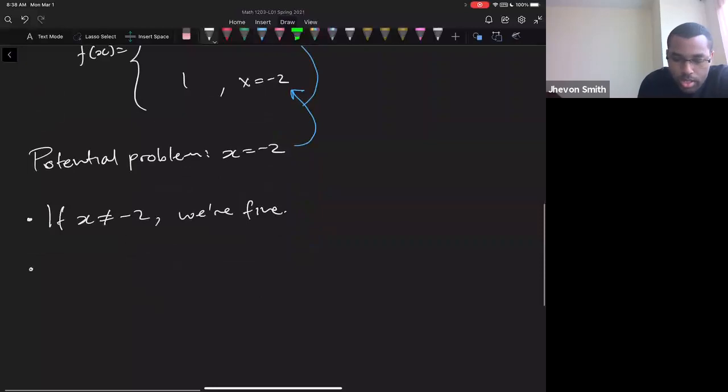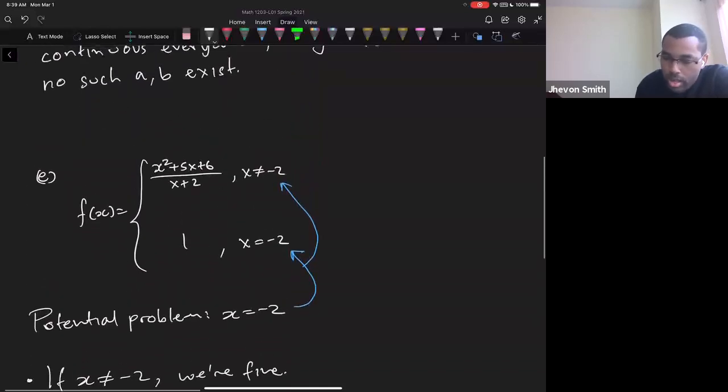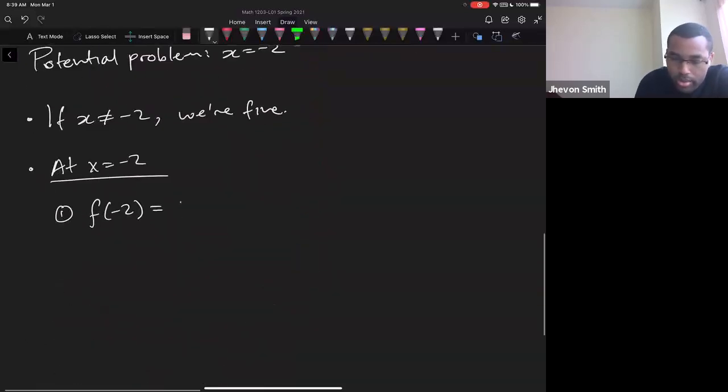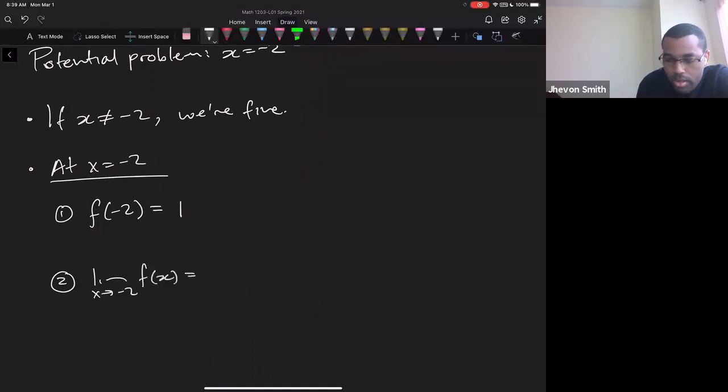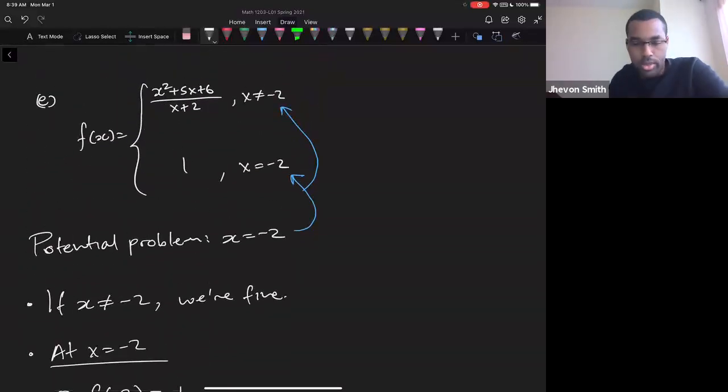So now we just want to focus at x equals -2. First thing I want to check is, does the function have a definition at -2? And it does. It is 1. Second, I want to know about the limit as x approaches -2 of the function. So what limit is that? Well, I have to go up here and see which line the limit would apply to.